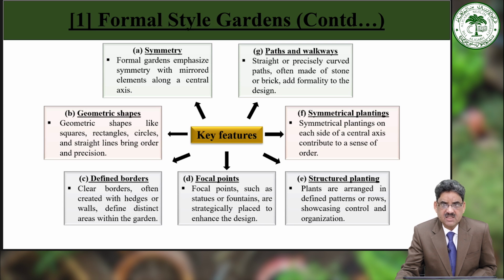The key features of formal style gardens include, first, symmetry, meaning mirrored elements along a central axis emphasize symmetry. The next one is geometric shapes, where squares, rectangles, circles, and straight lines bring order.